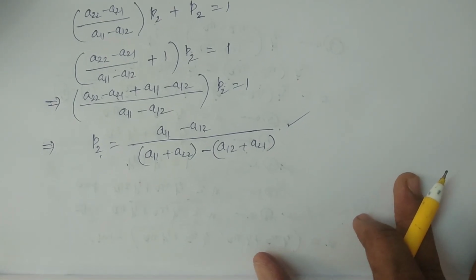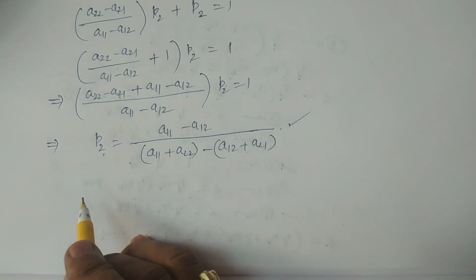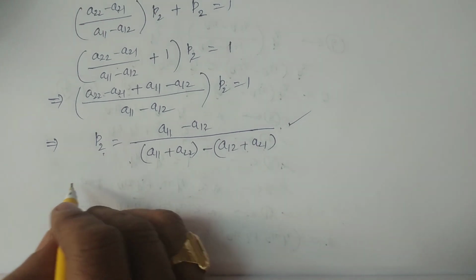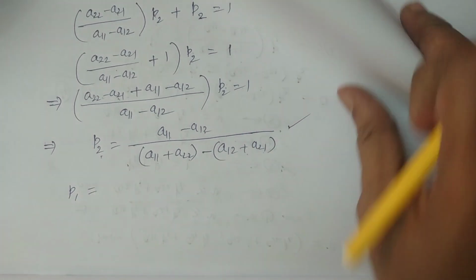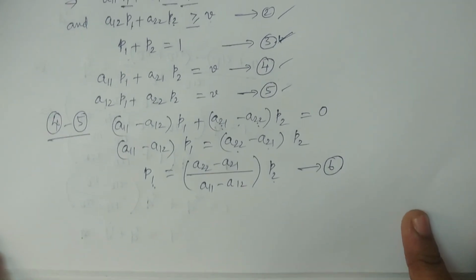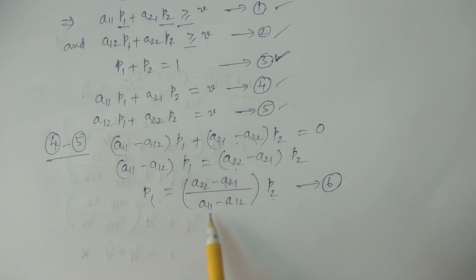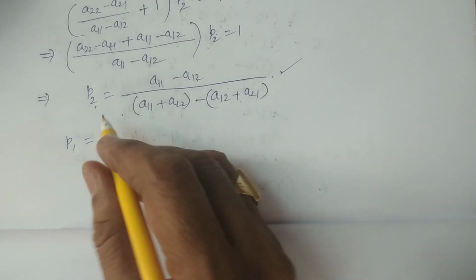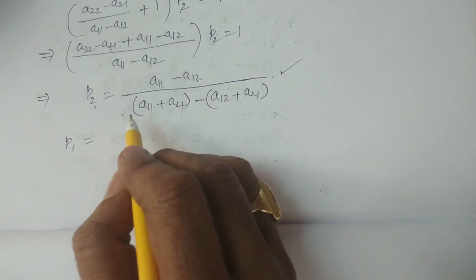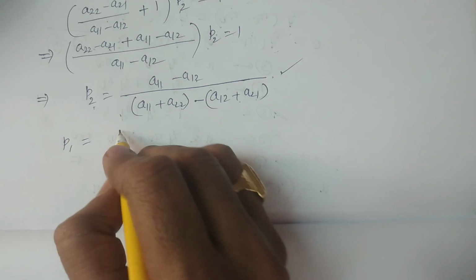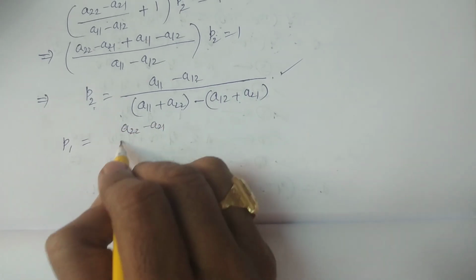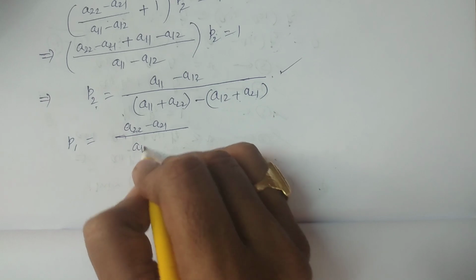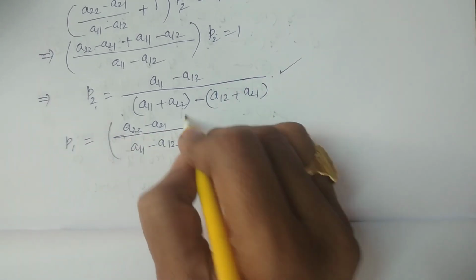Now you have to substitute to get the value of P1. We have an equation, right? I show the equation here. P1 is equal to (A22 minus A21) divided by (A11 minus A12) into P2. I substitute the value of P2 that I have just calculated in equation 6. Therefore P1 is equal to (A22 minus A21) divided by (A11 minus A12) multiplied by P2.